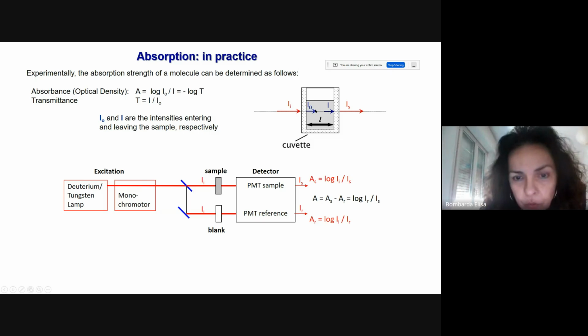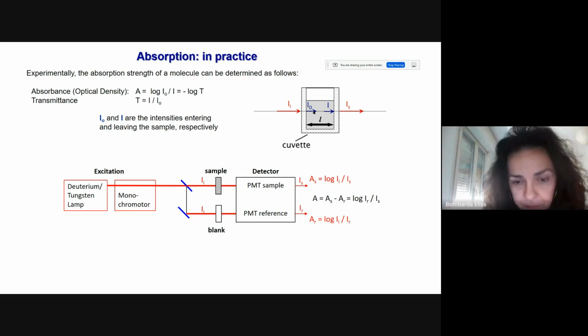So we have to take care, because what we are interested in is the blue intensity, not the red one. We measure the red one, but we are interested in the blue one. Then we'll see what needs to be done.